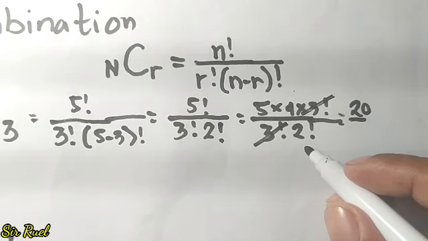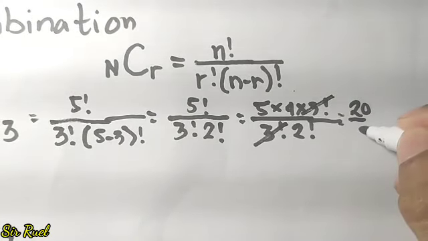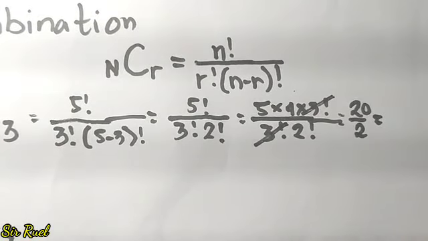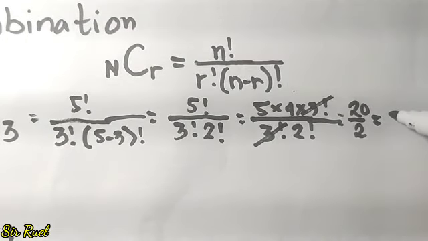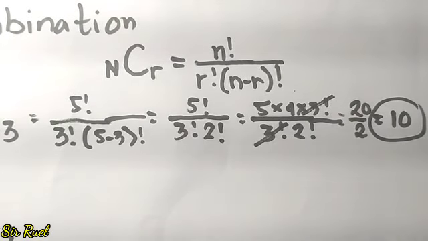Then 2 factorial means 2 times 1, so that is 2. 20 divided by 2 is 10. So this is our combination.